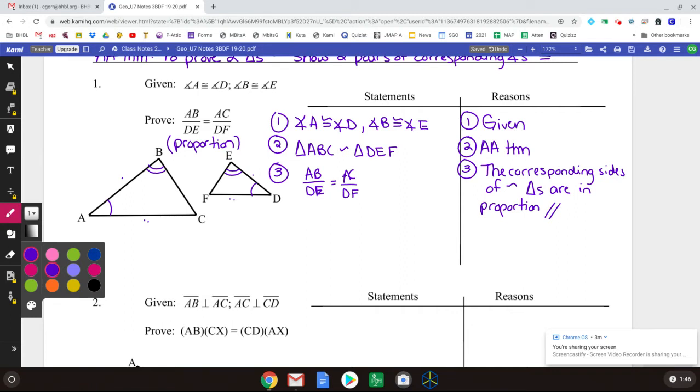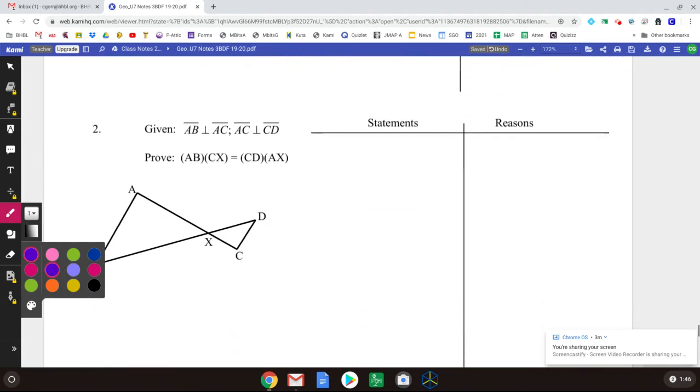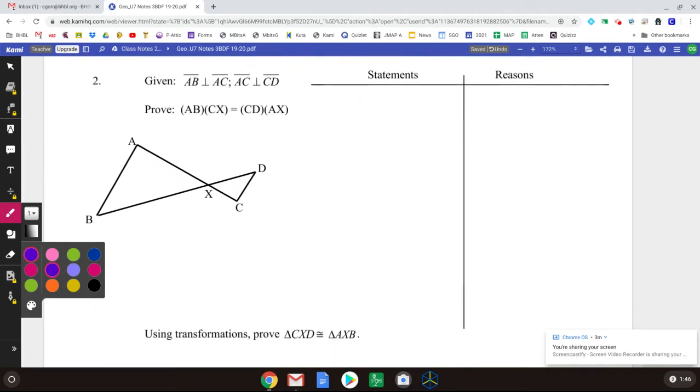I'm all set. So let's take a look at number 2. In number 2, it tells me that AB is perpendicular to AC, AC is perpendicular to CD. So there's one set of angles that I know are congruent. And if I take a look right here, my favorite kind of angles, my vertical angles, are also going to be congruent.